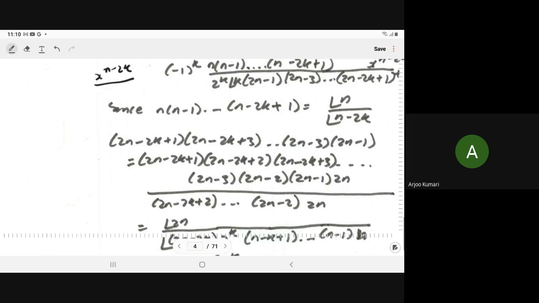So from here in the numerator what we have is n into (n-1) ... into (n-2k+1).